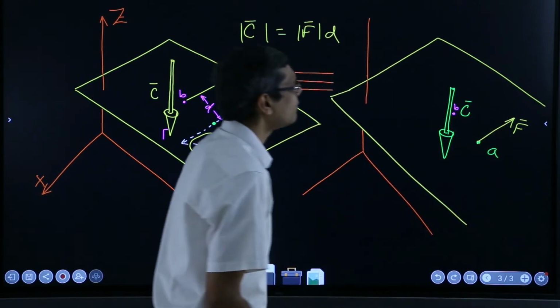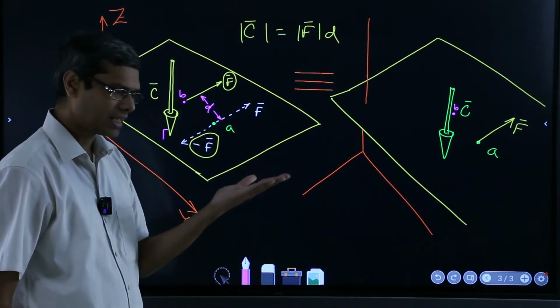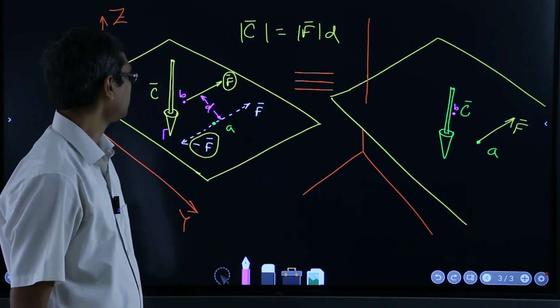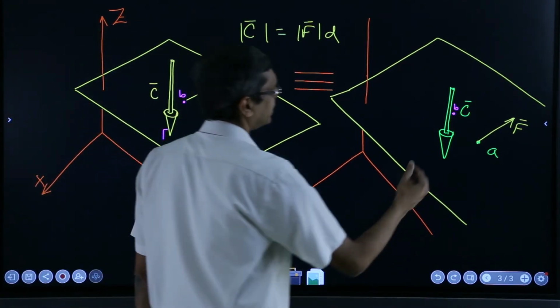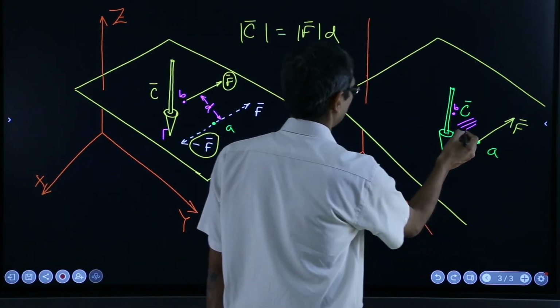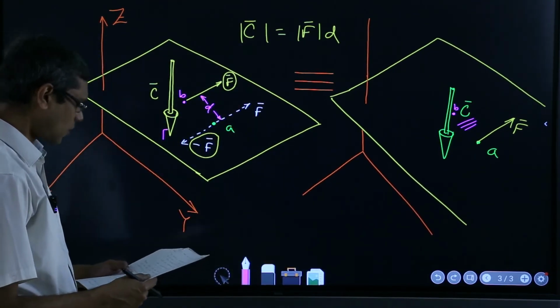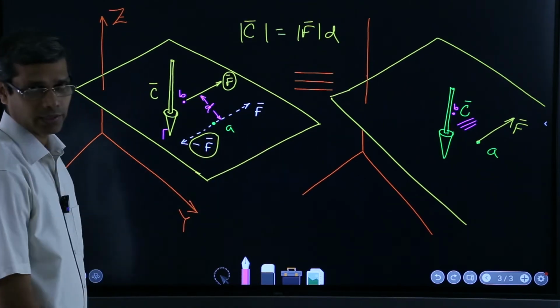And from B you have moved the force to the point A by keeping the line of action parallel to the original position, and in doing so you have to add this compensatory couple, so that these two systems will be equivalent.